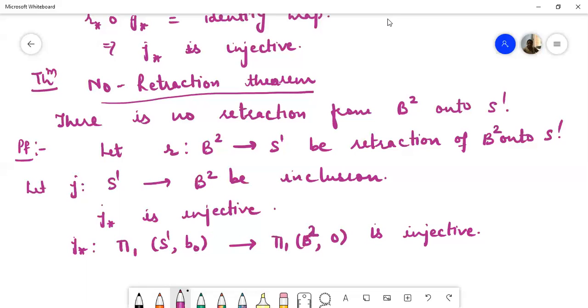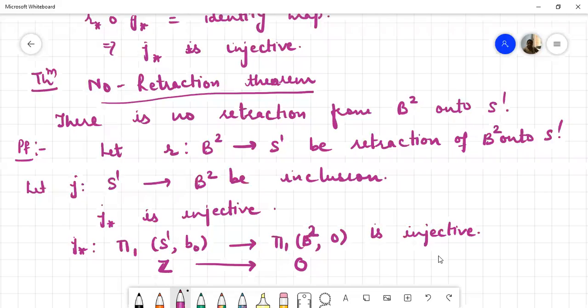So the fundamental group of S1 is Z and the fundamental group of B2 is 0. So we are saying we have a homomorphism J star from Z to 0 which is injective. But that is impossible because the domain is infinite and the range contains only one element. So we cannot define an injective mapping from Z to 0.